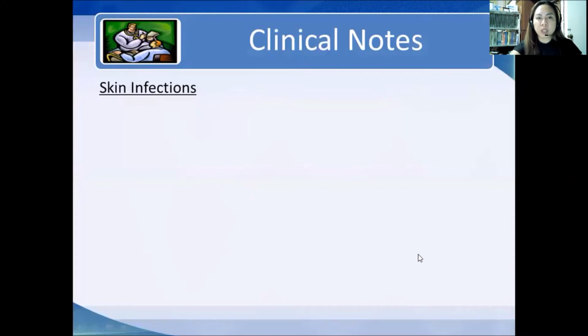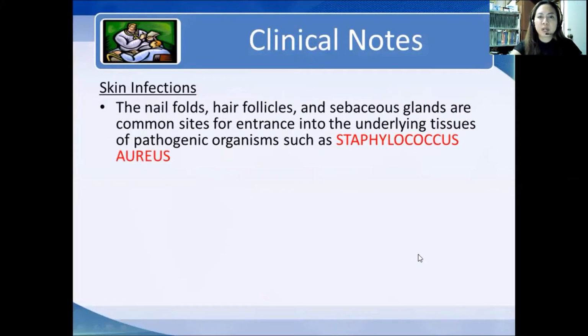Okay, let's go to clinical notes. So when we say infections, ano ba itong mga infections? And what are the structures na pwedeng ma-infect? The nail folds, the hair follicles, and the sebaceous glands are common sites for entrance into the underlying tissues of pathogenic organisms such as Staphylococcus aureus, diba?